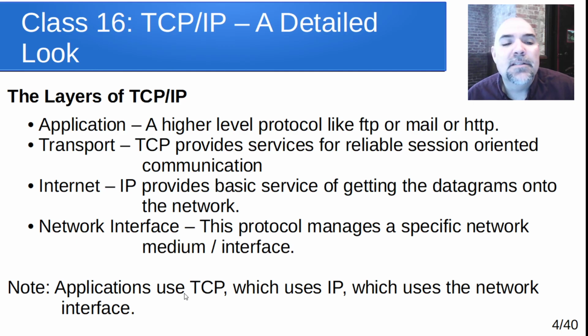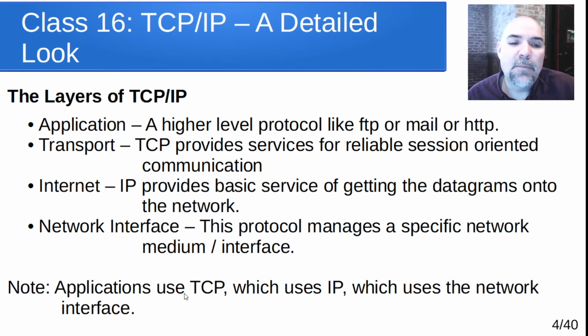That's what TCP does. Now, below that is the IP layer, and what the IP layer does is it provides the basic service of getting a datagram onto the network, and ultimately the addressing scheme is what's used to route the packets to their end destination.